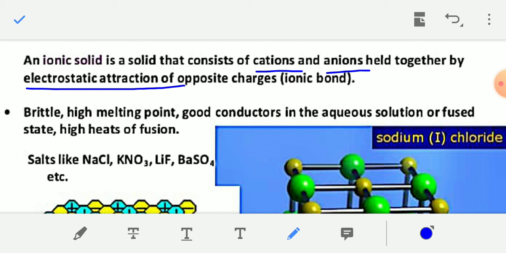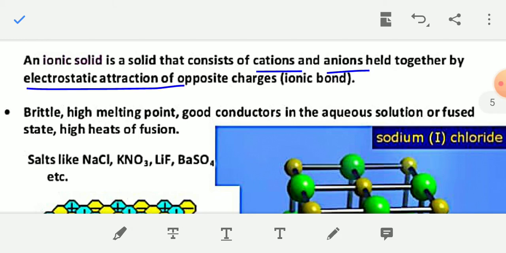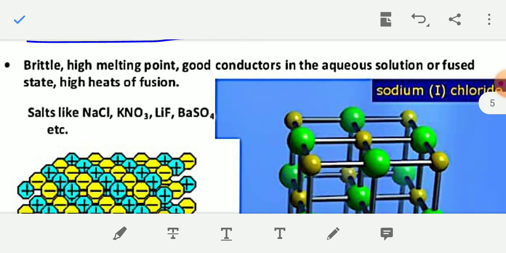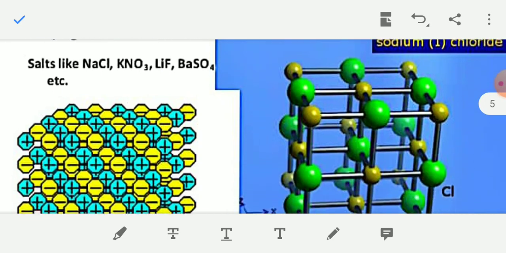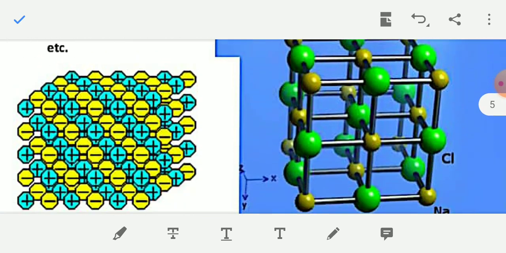That is, in ionic solids, ionic bonds are present. You can see this is the lattice structure of sodium chloride. Sodium chloride is an ionic solid. It is formed by Na+ and Cl-.